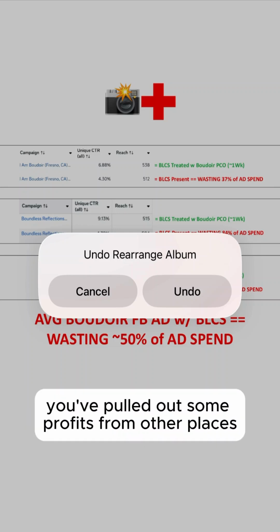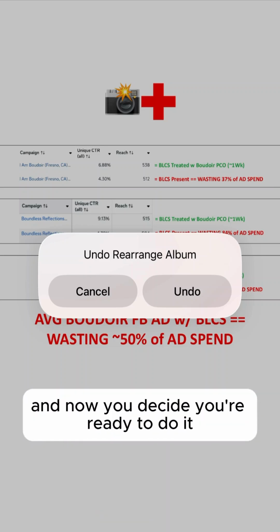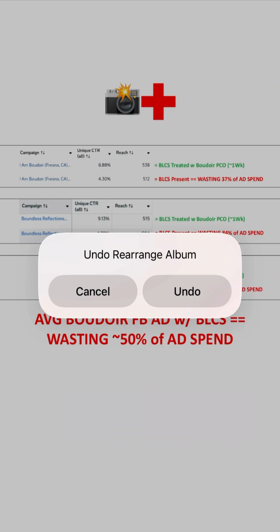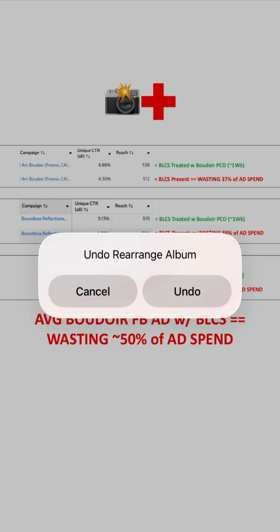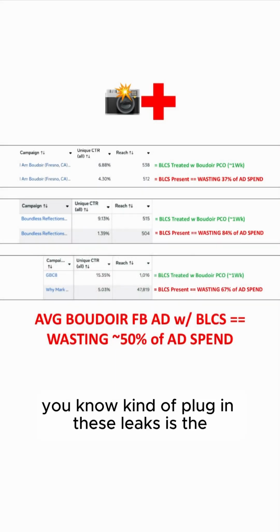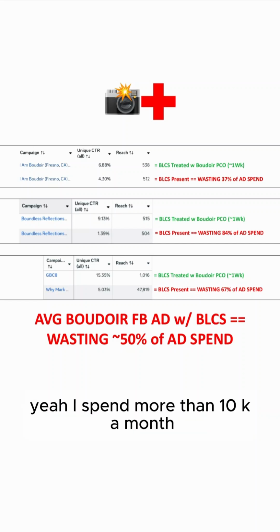So you've pulled out some profits from other places, optimized stuff there, and now you decide you're ready to do it in your Boudoir Facebook ad part of your business by plugging these leaks, which is the biggest first thing to do, and you spend more than 10K a month.